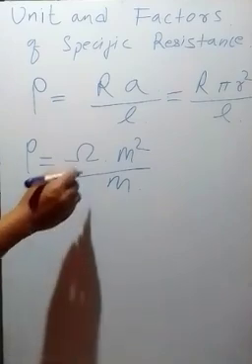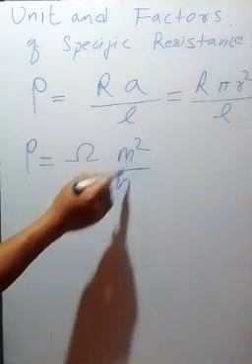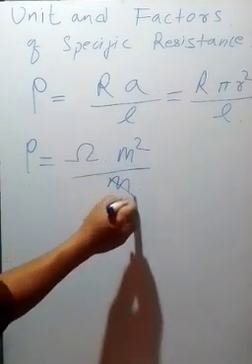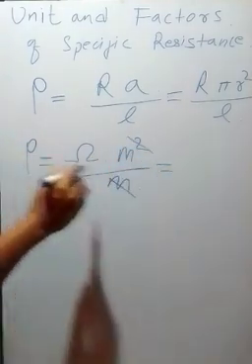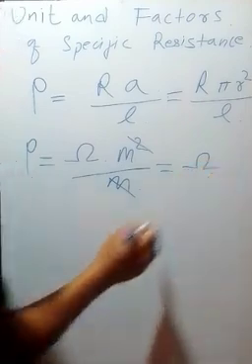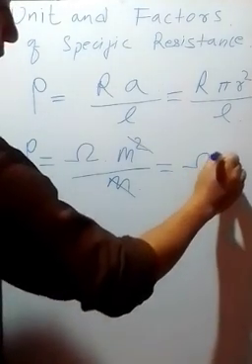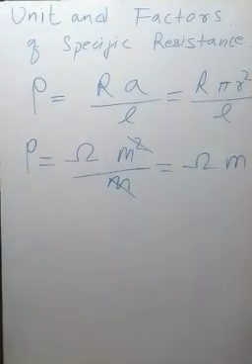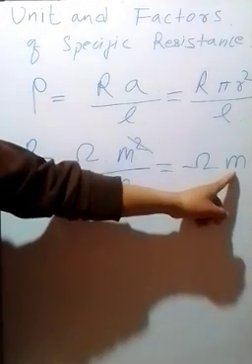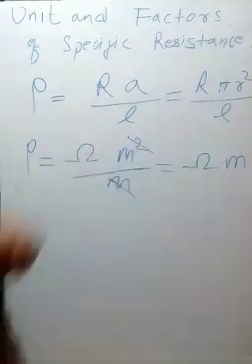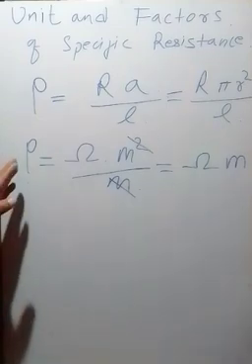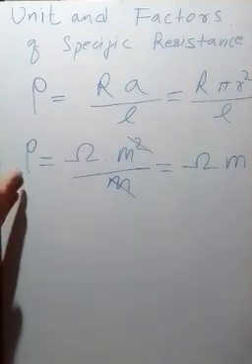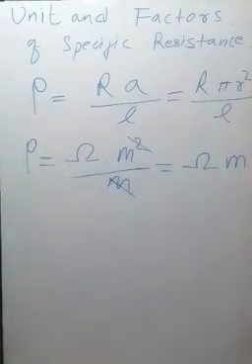Now meter squared on top and meter on the bottom, so one meter cancels, and therefore specific resistance will be equal to ohm meter. For every length there is some resistance, which is called specific resistance, and the SI unit of specific resistance is ohm meter.